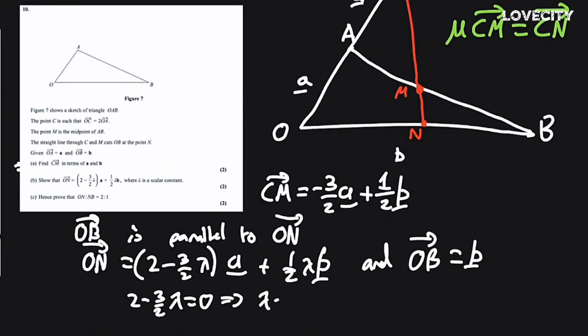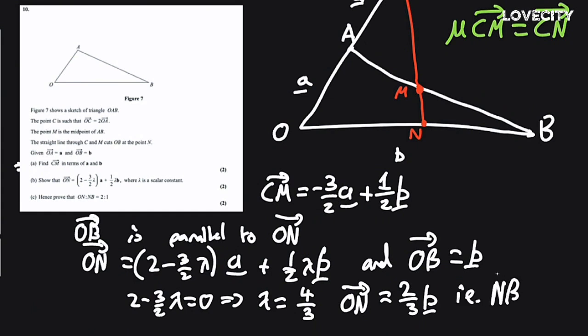That gives us lambda equals 4 over 3, which gives us that O to N is hence 2 over 3 b, i.e. N to B. N to B would be O to B minus O to N. So we get that this is a third b, and we're done. We've proved what we were trying to prove.